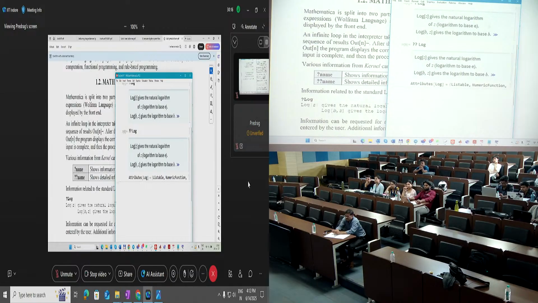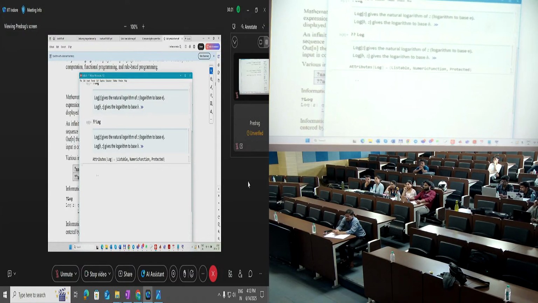We obtain more information, with three future properties. Listable, which means Log is applicable to lists. Log of list, for example, 1, A, 3.